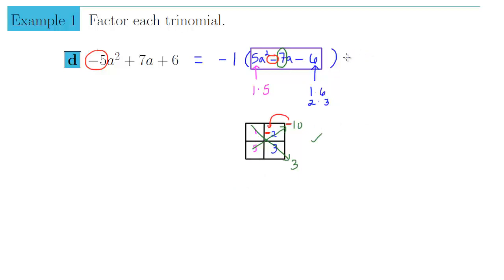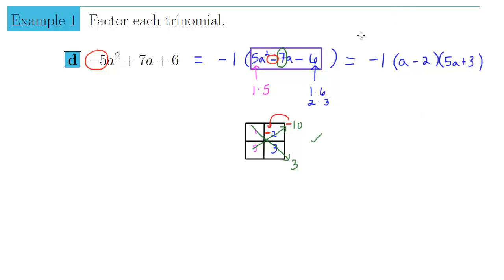Now be careful, when you write the final answer here, you are going to have a negative 1 outside. It doesn't go anywhere, it follows along. You have negative 1 times, then you break down this trinomial into 2 binomials using your box. The top row gives you the first binomial, 1a minus 2. And the bottom row gives you the second binomial, 5a plus 3.